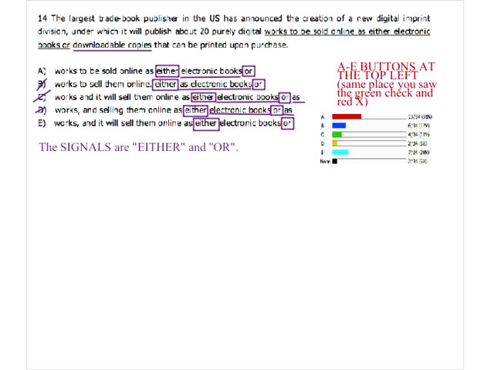But A is a little bit better as far as the modifier. The problem with "and" is it's sort of an improper connector.